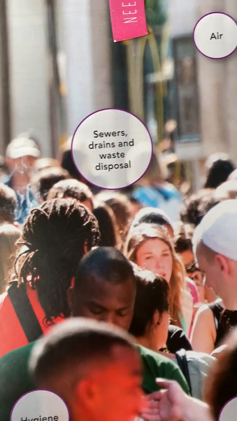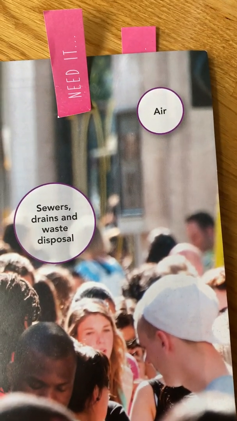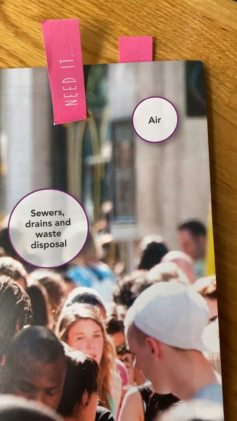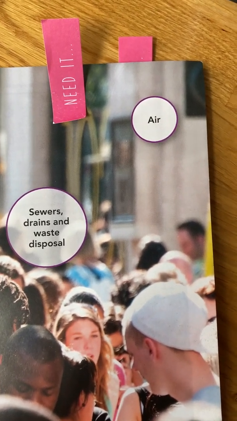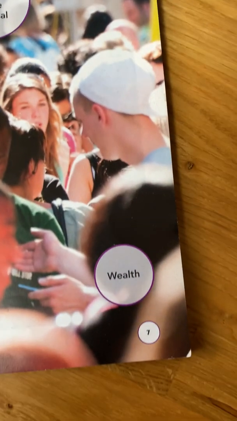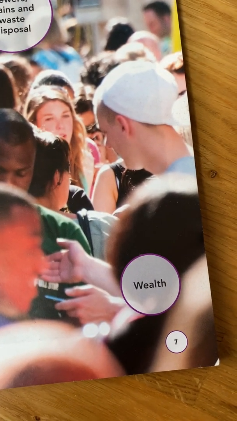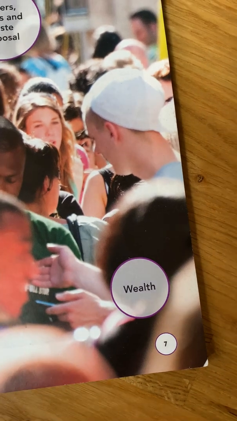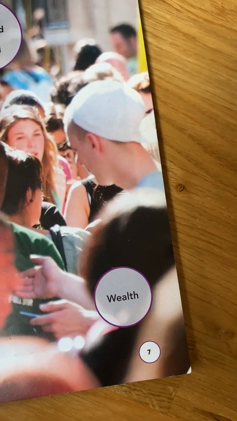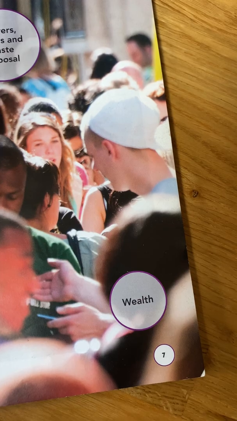Huge changes with that. The air quality, again, that becomes more and more important as we go through this course. And then finally, wealth. Wealth is a factor all the way through this course. If you've got the money, you're going to live a very different lifestyle to if you haven't got the money. And that's then going to obviously be supported by the government in the later time period.